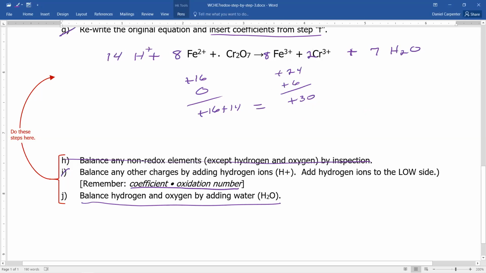Here we've got understood 1 times 7 is 7 oxygens on the left, and 7 times understood 1 is 7 oxygens on the right. So that should be it. Making this our correctly balanced final answer.